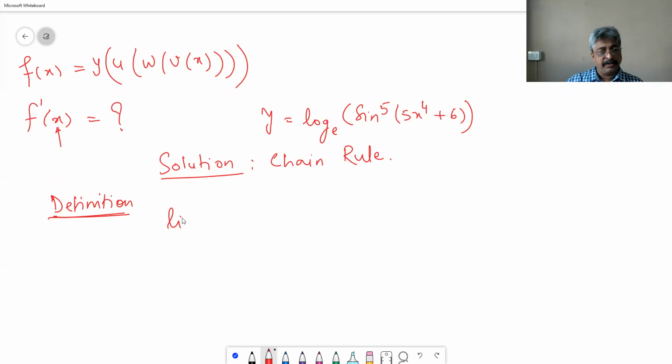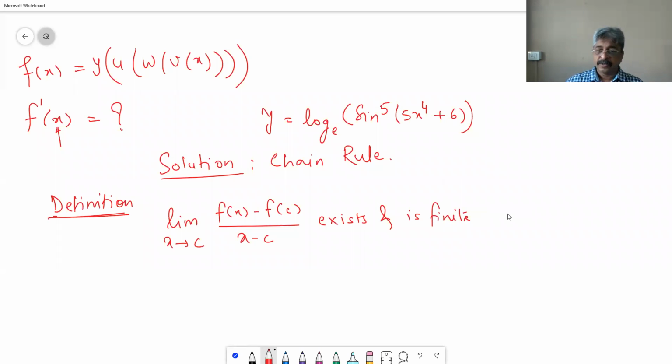Our definition of derivative is: limit as x tends to c of f of x minus f of c upon x minus c, if it exists and is finite, then it is f dash at c. That is our definition, right?